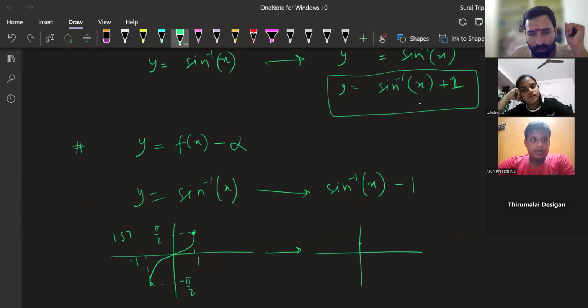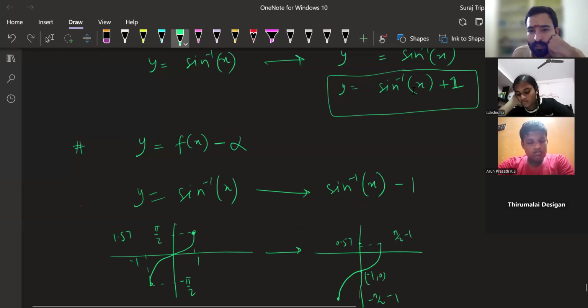If we subtract 1 from 1.57, which is the maximum value of sine inverse x, we will get only 0.57, somewhere here. So the graph will be like this. This point will be minus pi by 2 minus 1. This point will be pi by 2 minus 1, right? And this point will be minus 1, comma 0, right?